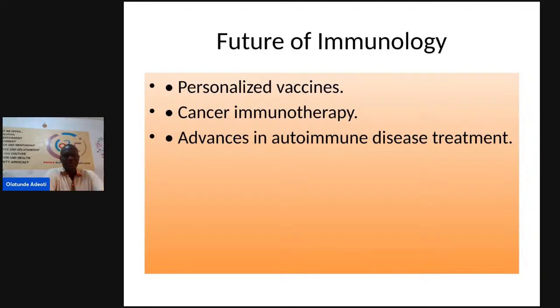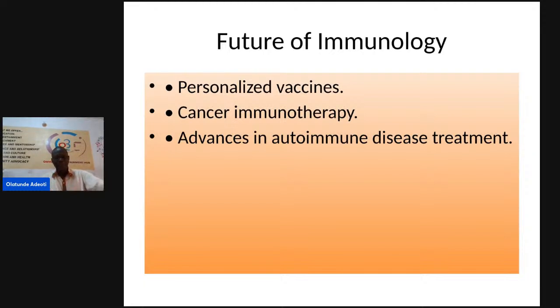Then cancer immunotherapy. That is a time that will be coming. That means we'll have a kind of forecast. We will be able to predict when there's going to be onset of cancer. Once we are able to predict cancer, we are able to predict cancer epidemics.